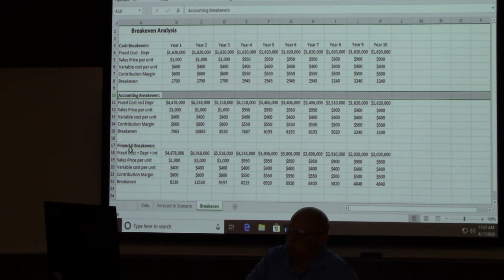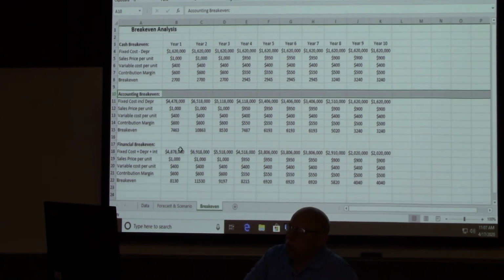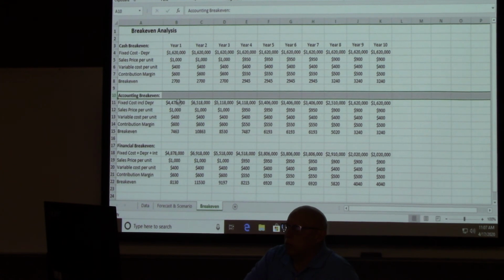Under financial break-even, your fixed cost plus depreciation plus your interest cost. So your fixed costs go up under each of these approaches, and the number of units that you have to produce to break even goes up accordingly.